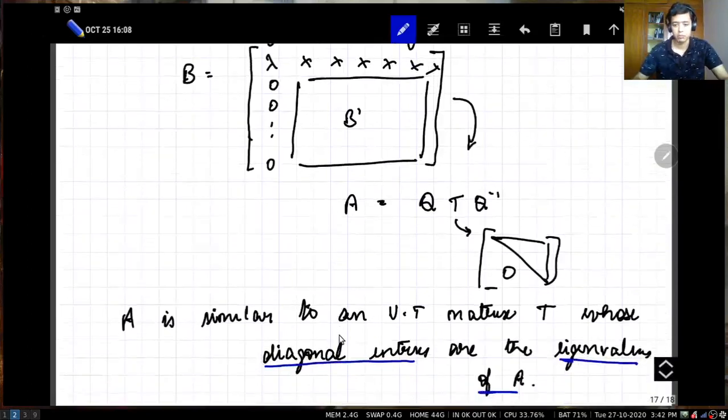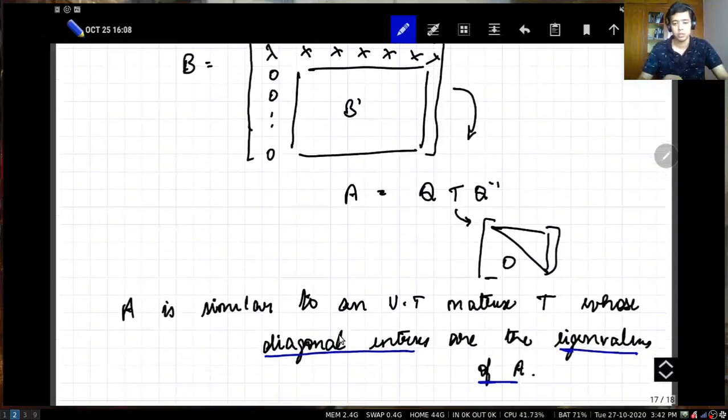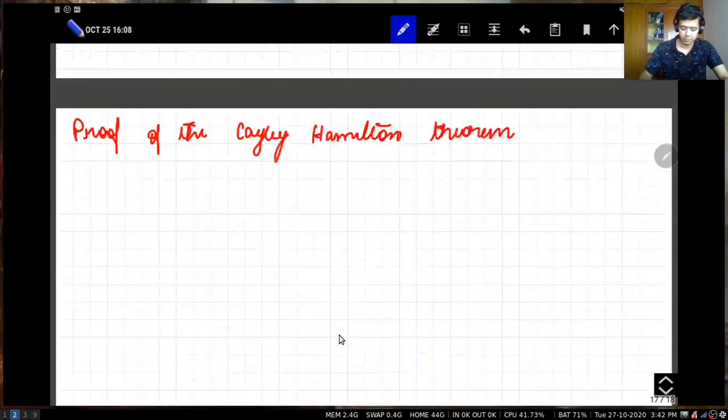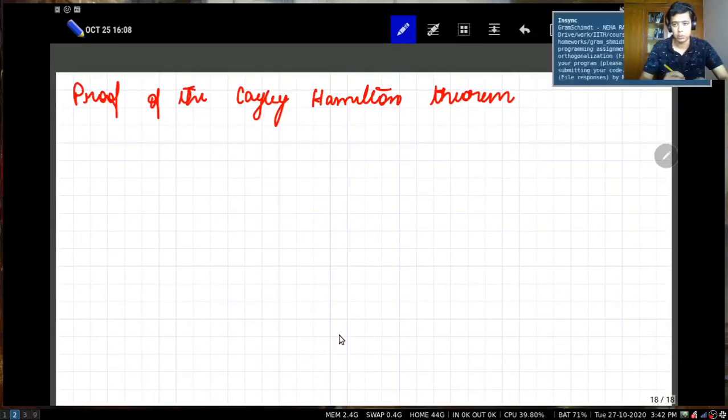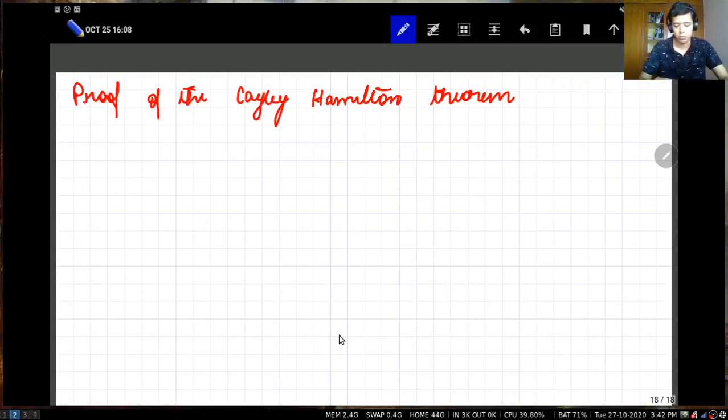Once we have this particular conclusion, it's easy to prove the Cayley Hamilton theorem. The Cayley Hamilton theorem says that every square matrix satisfies its characteristic equation, or in other words, the minimal polynomial always divides the characteristic polynomial.